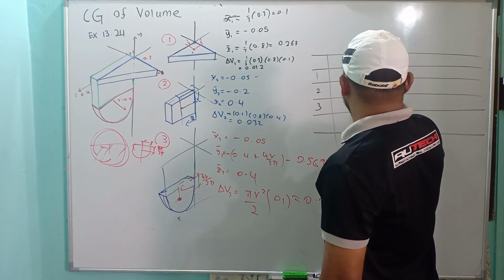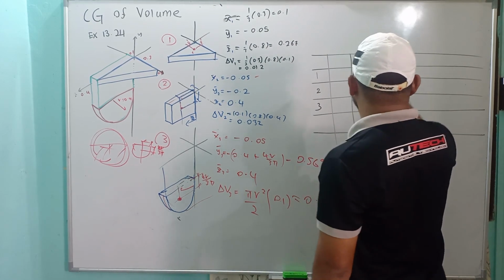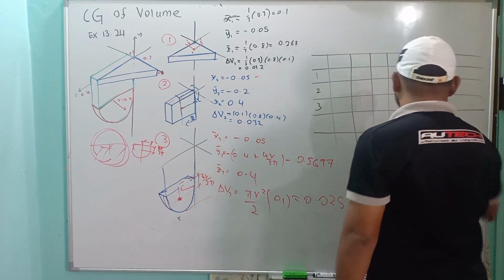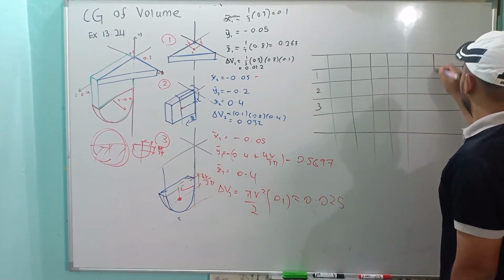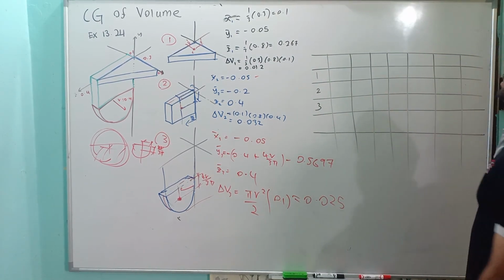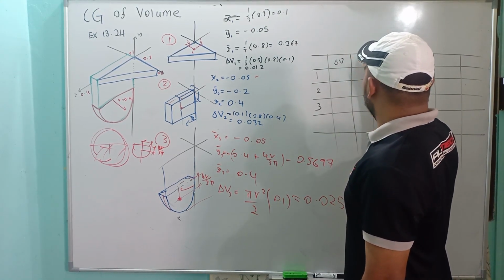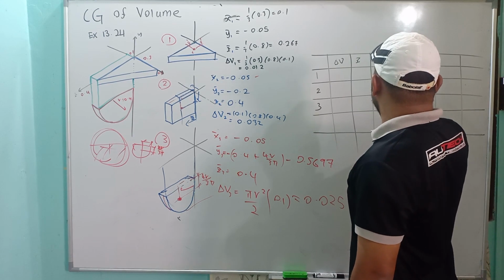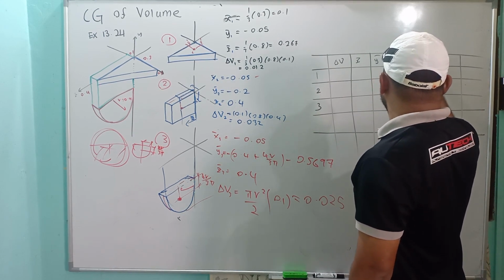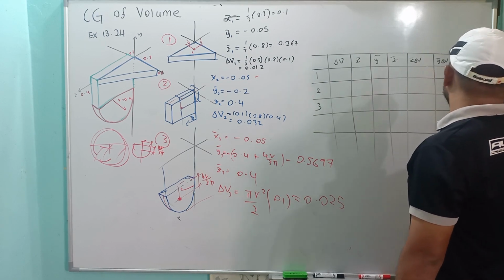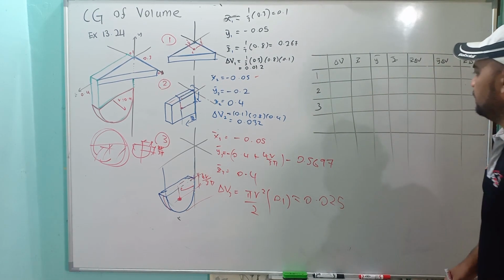This is delta v, x bar, y bar, z bar, and then the products: x bar delta v, y bar delta v, z bar delta v.